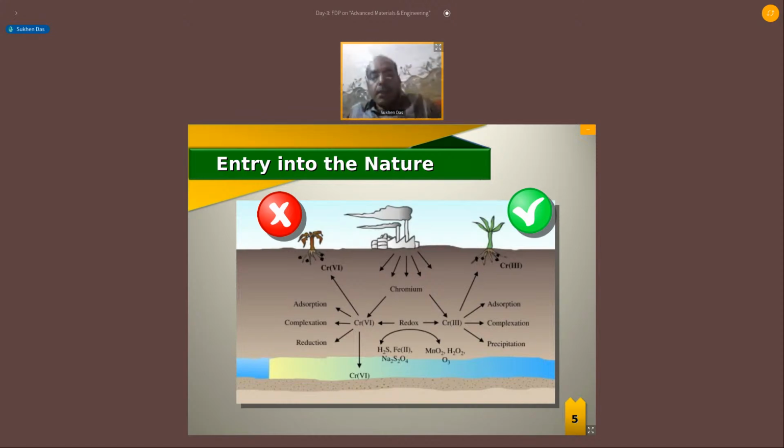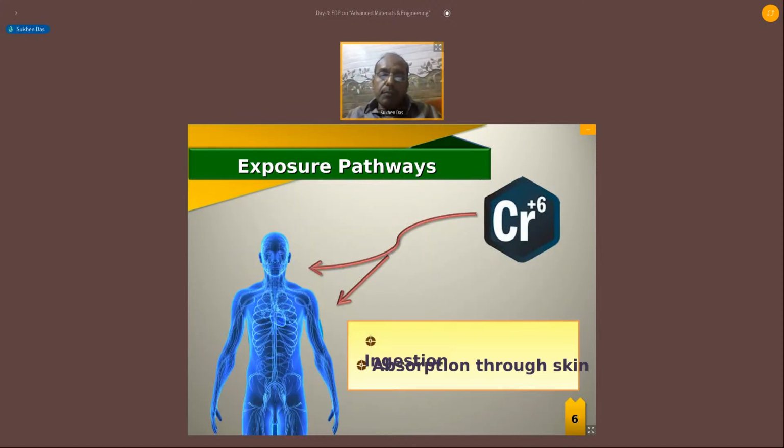Chromium 3 is a little less dangerous for us, but it takes lots of time to convert to chromium 3. But chromium 6 is very, very dangerous, and it can go inside our body in various ways: through ingestion, inhalation, or absorption through the skin. And chromium 6 in ionic form is very, very dangerous to our body.